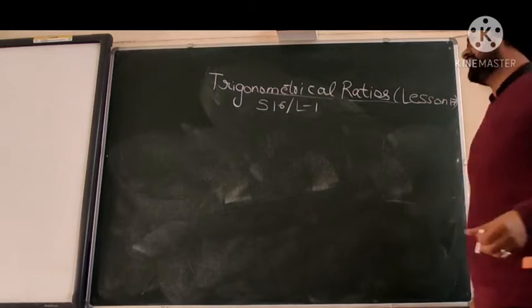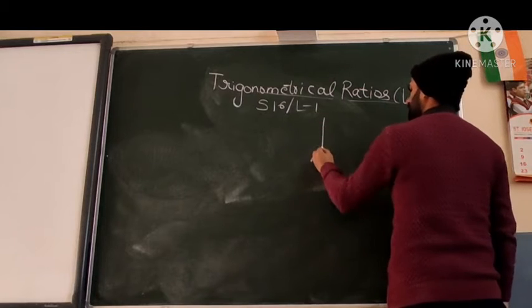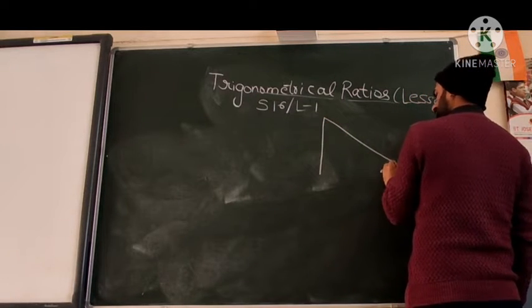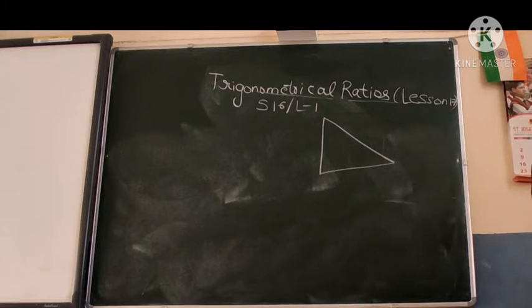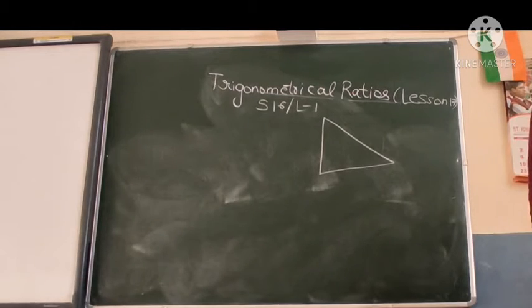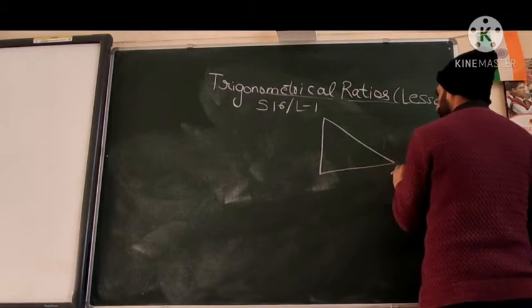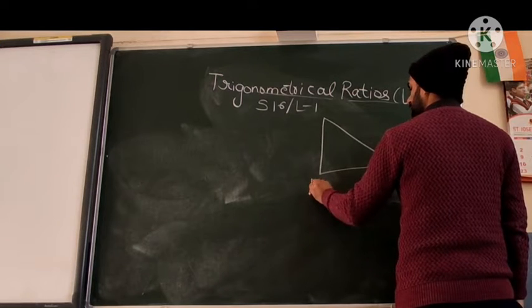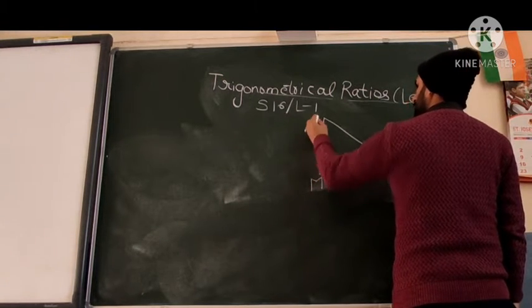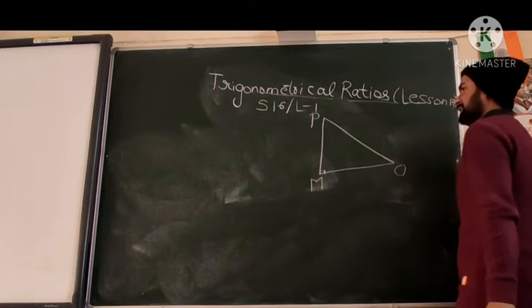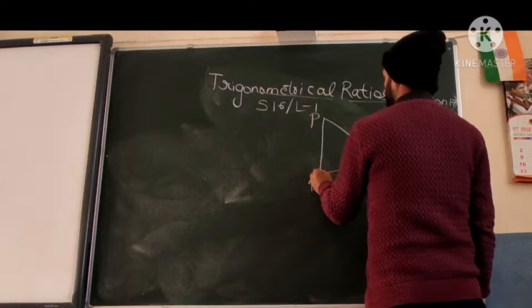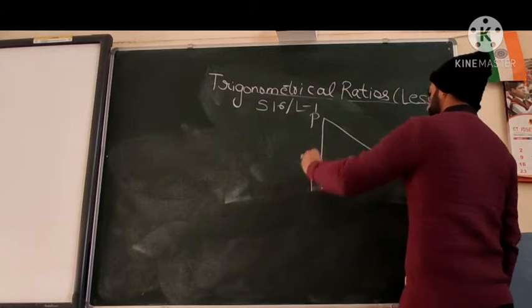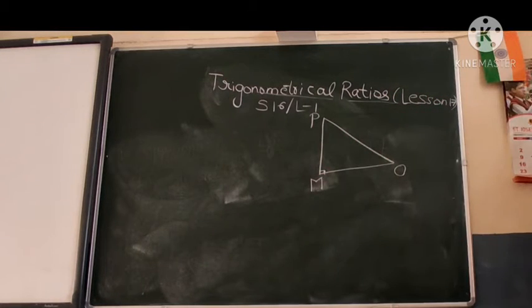So they are saying, let there be a triangle. Let us go by the book example only, or you can take ABC also. I am taking this only. OMP. M is the vertex which is right angled, and P is the vertex which is the other end of the height.